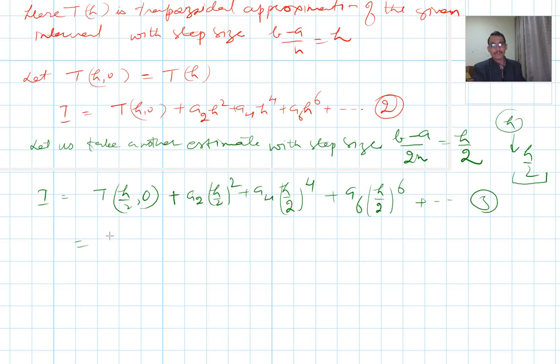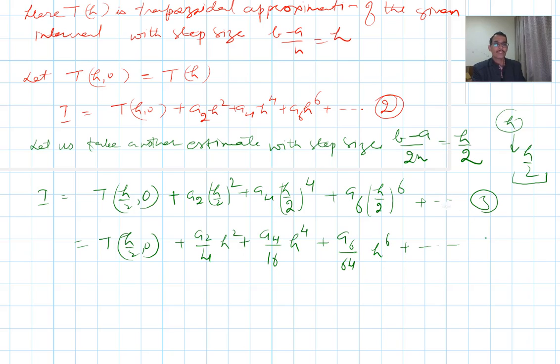Let me simplify it in a better manner. So it is T_{h/2} plus a2 by 4 h square plus a4 over 16 h4 plus a6 over 64 h raised to power 6 and so on. So this is equation number 3.